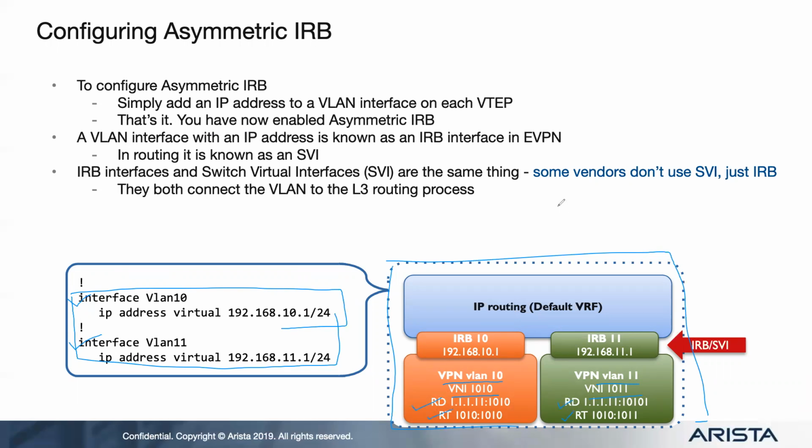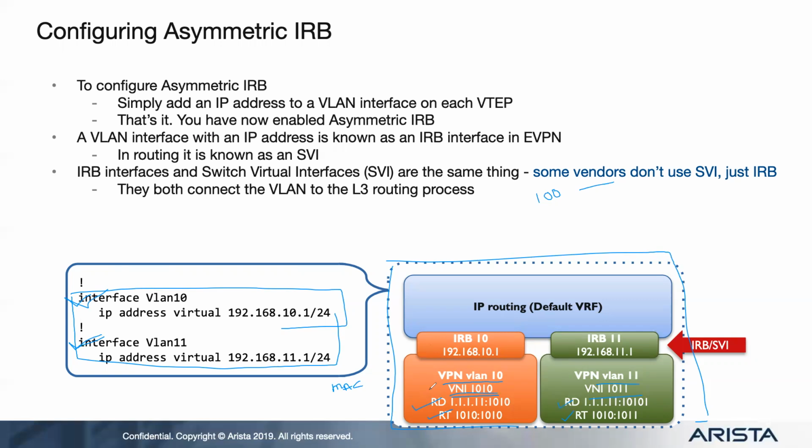So basically, in asymmetric IRB, if you have 100 VLANs, what are all the configuration you need to do on all the VTAPs? So SVIs for all the 100 VLANs, VLAN to VNI mapping for all 100 VLANs, and MAC-VRF configuration for all the 100 VLANs, right?